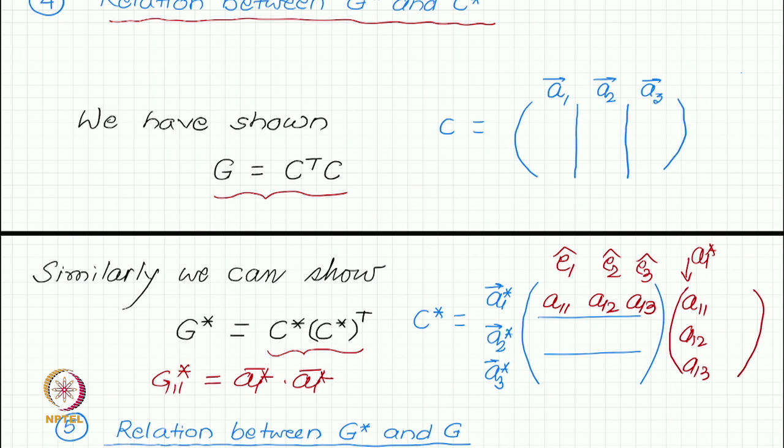So, it will again make C star the first place. So, the symmetry property is satisfied, but still it is important whether in the product we write C star first or C star transpose first.